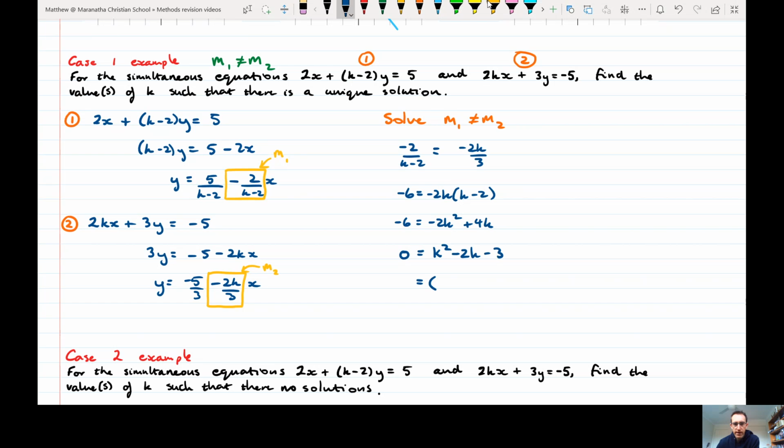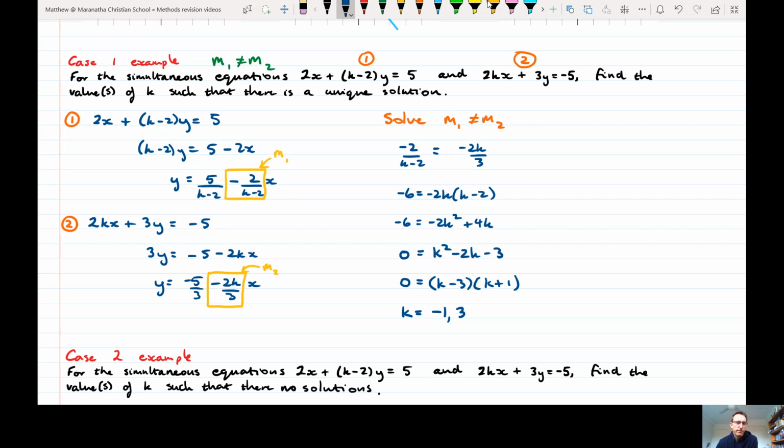Solving this now becomes pretty straightforward. K minus 3, k plus 1. If you can't remember how to do that, look at my other video about how to factorize quadratics as a reminder. And then you finish up with -1 and 3. One thing I haven't done all the way down, you may have noticed, is I haven't put an inequality sign. But what I've done is I've solved for these two gradients being equal to each other.